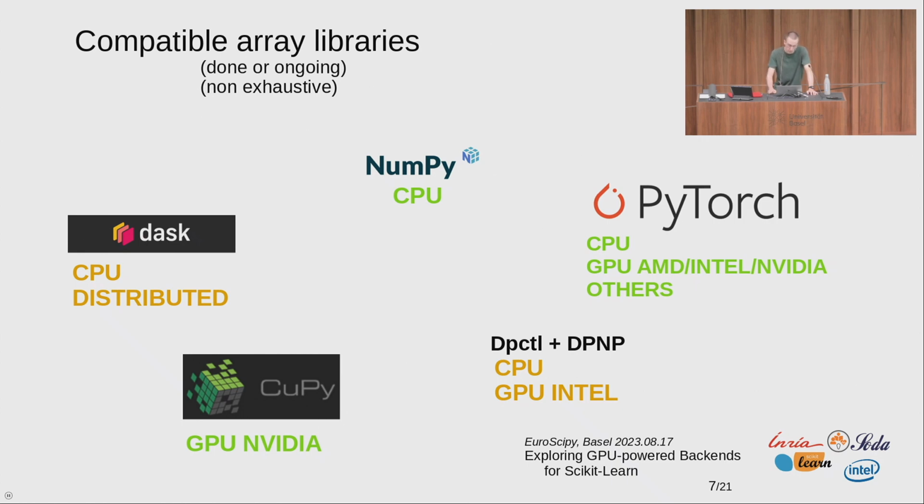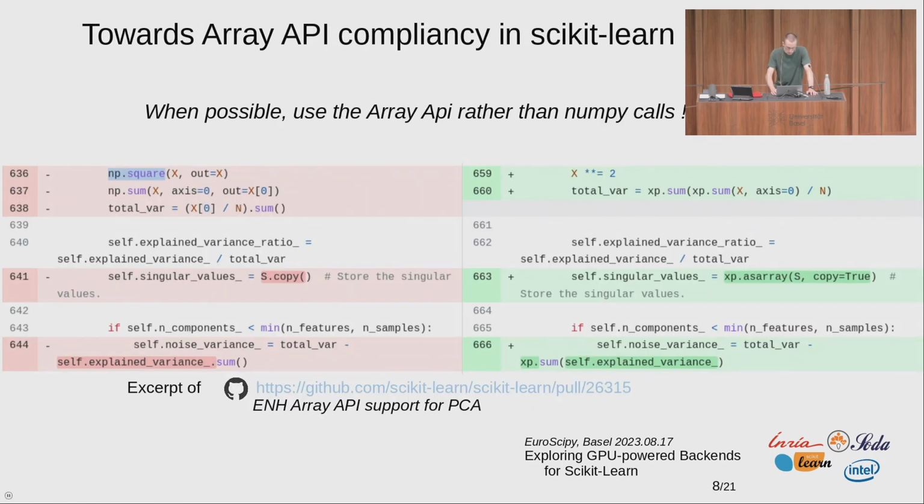PyTorch is also nice because it can run on a lot of different backends, CPU, but also all GPU manufacturers and even more exotic backends. Quick mention also of dpctl and dpnp that are more specialized for Intel GPUs, and of Dask, which is not about GPUs, but can allocate arrays on a distributed cluster and is also progressing toward array API compatibility.